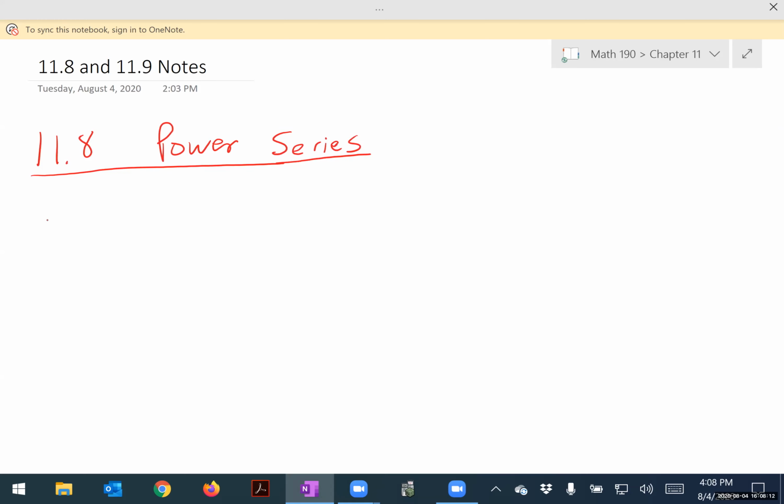So a power series centered at a or centered at 0 looks like so. It's a series. It's just a special series, and it's a geometric series. Nice, geometric series, those aren't too bad. If it's centered at 0, it looks like this.